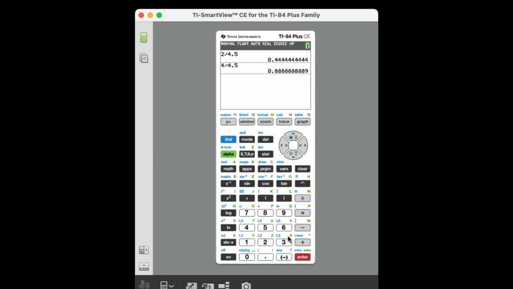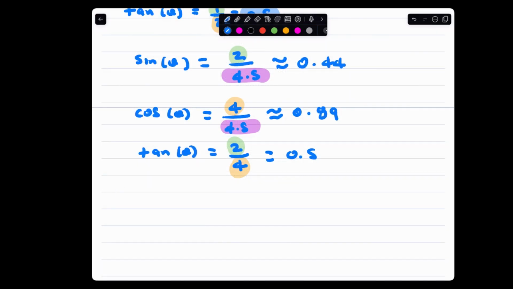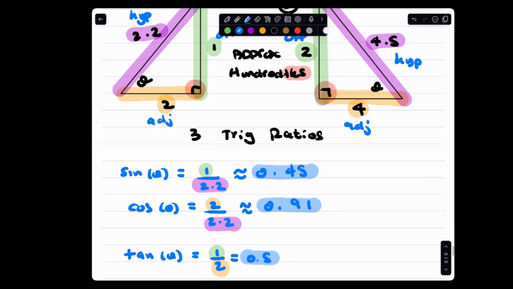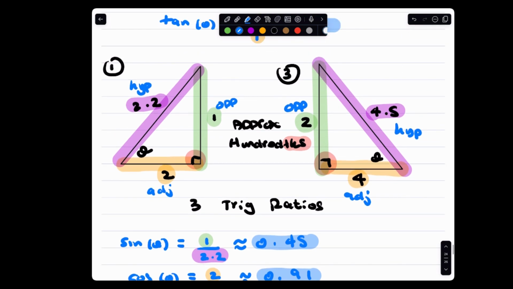What does that give you? 0.89. Good. And then you say, I know what 2 divided by 4 is. That's equal to 1/2. It is. So what you guys are looking at, again, are all the answers, ladies and gentlemen, that we need here. And these are the what? The 3 trig ratios that they're looking for.